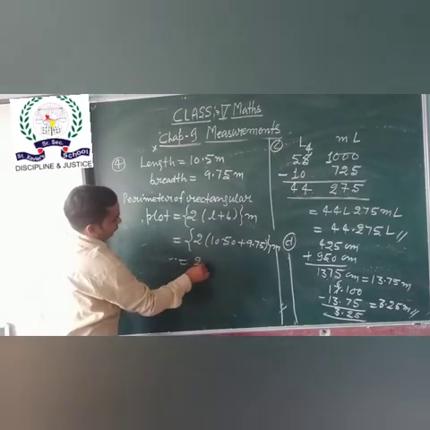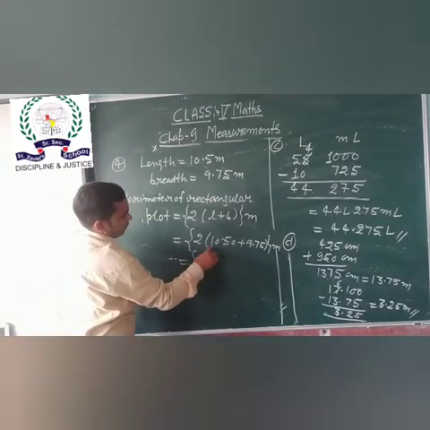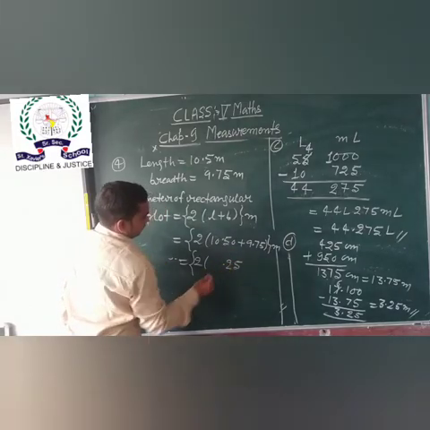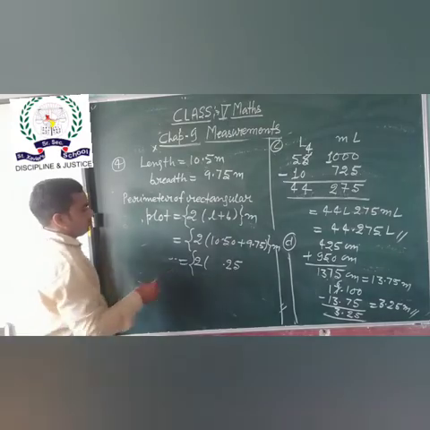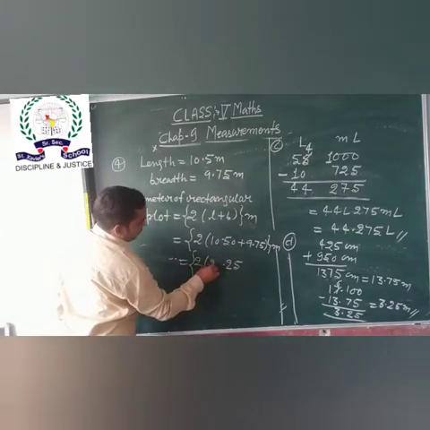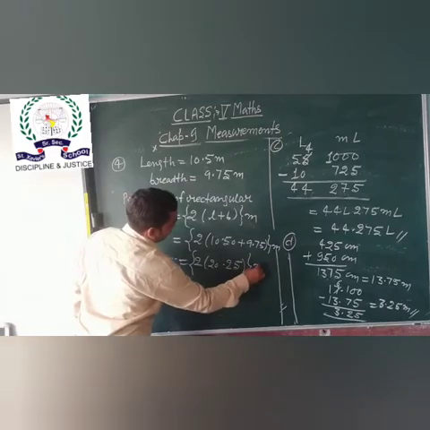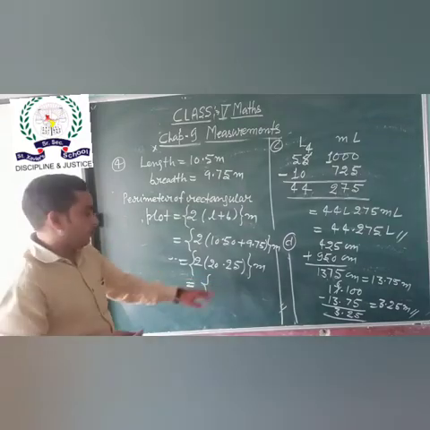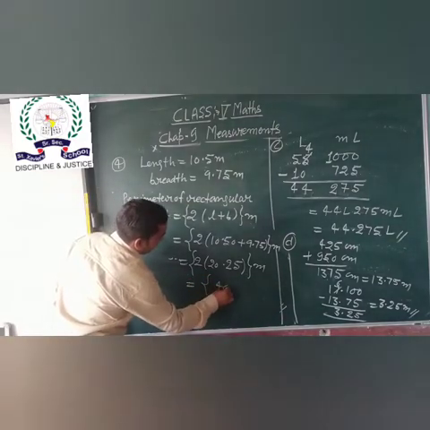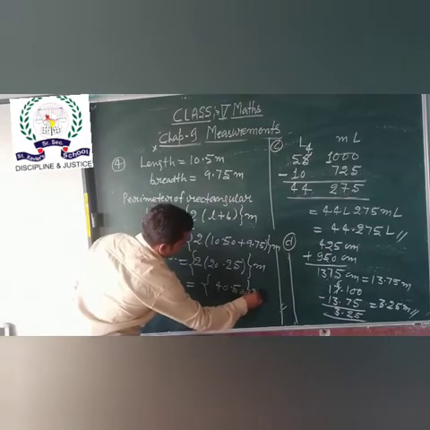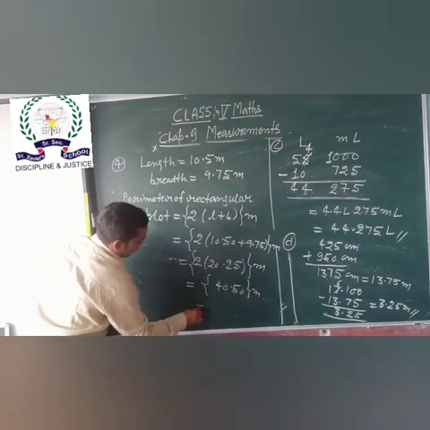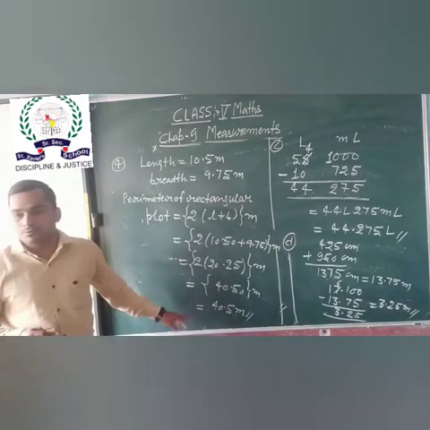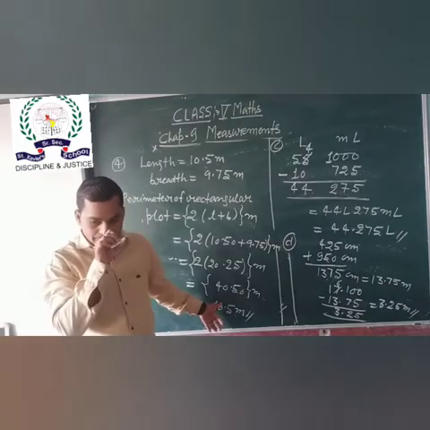So 5 plus 5, 10 and 7 plus 5... 12, 10 plus 9, 19 plus 1, 20. So 20.25. Then multiply 2 into 20.25. So we have 40.50. So fencing required is 40.5 meter. So the required fencing of the rectangular plot is 40.5 meter.